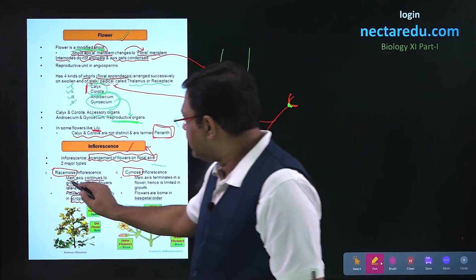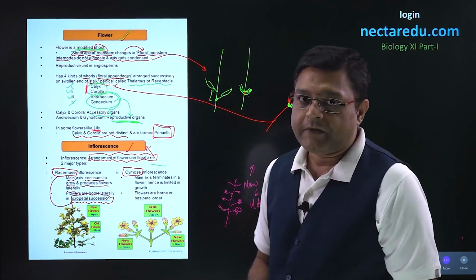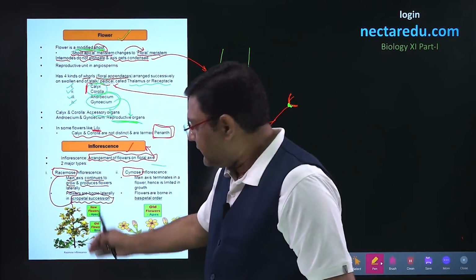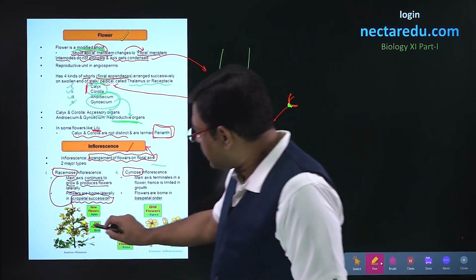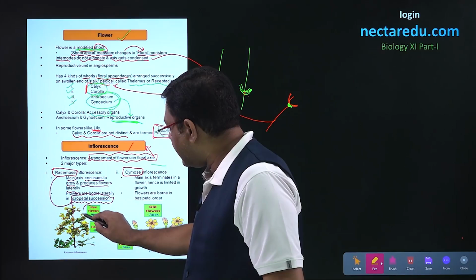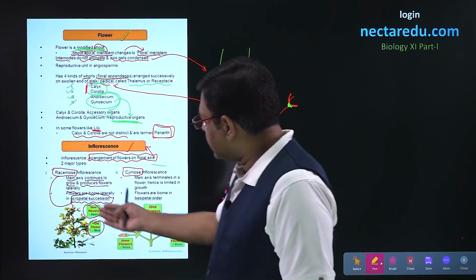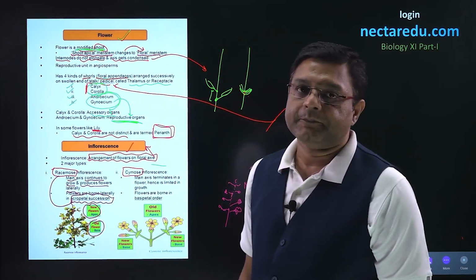That is why in racemose inflorescence, there will be acropetal succession. The same thing we can see in this particular diagram also. This axis will grow and there will be new flowers at the apex and older flowers towards the base. So this is racemose inflorescence.